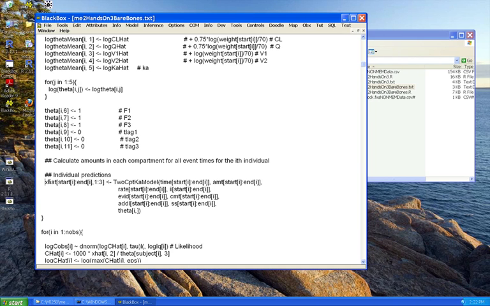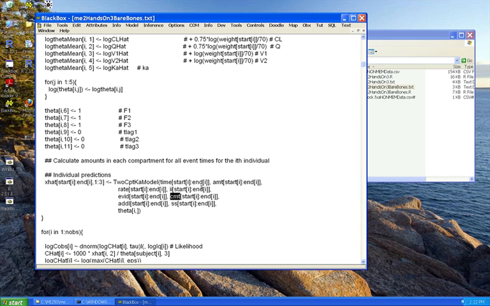By the way, notice also that CMT, the compartment, plays a role similar to NONMEM, but a little bit different, in that CMT really only plays a role here for dosing events, because it says which compartment the dose is going into.